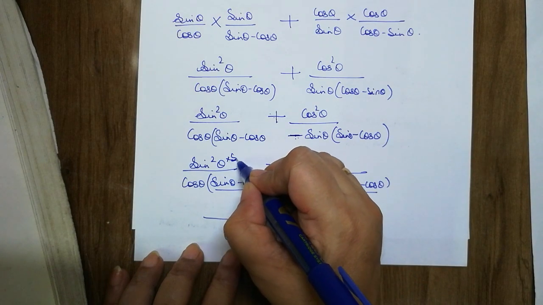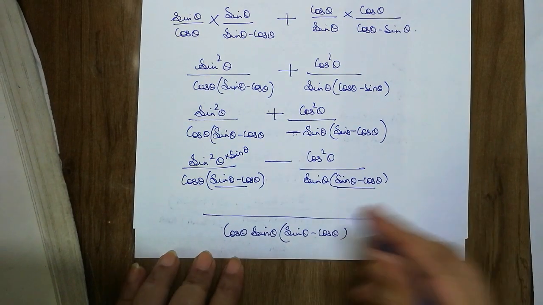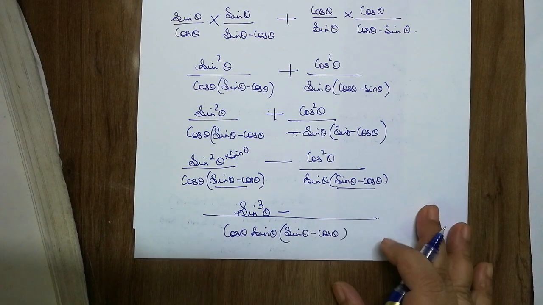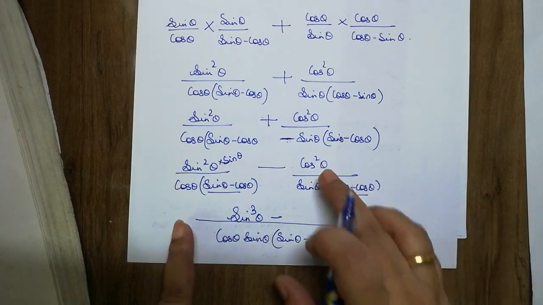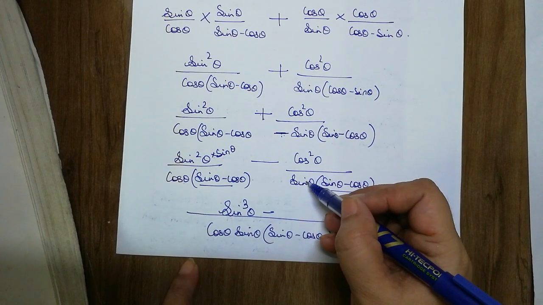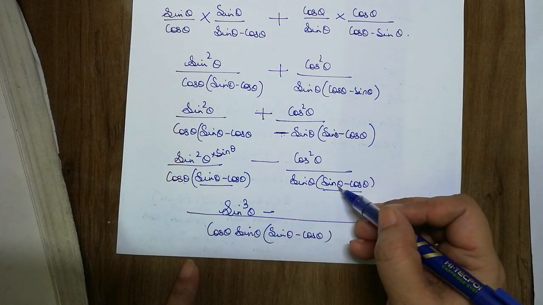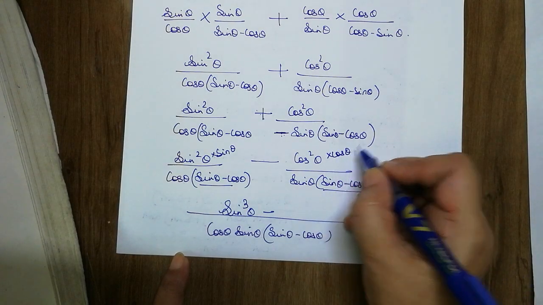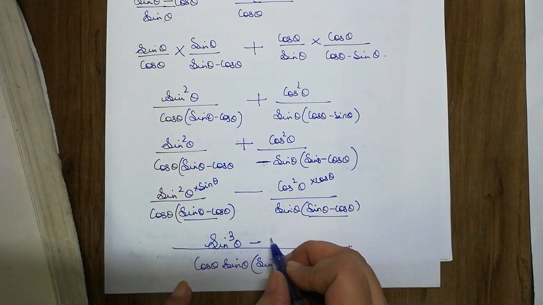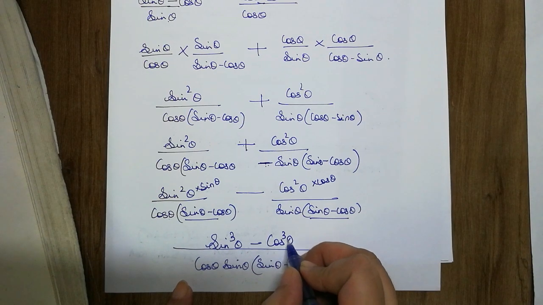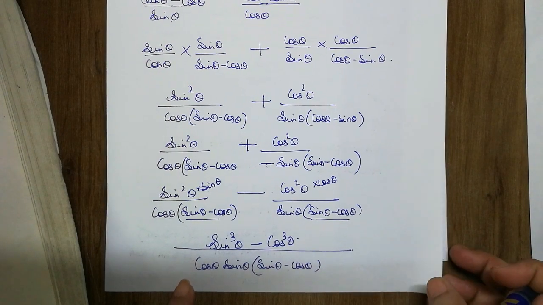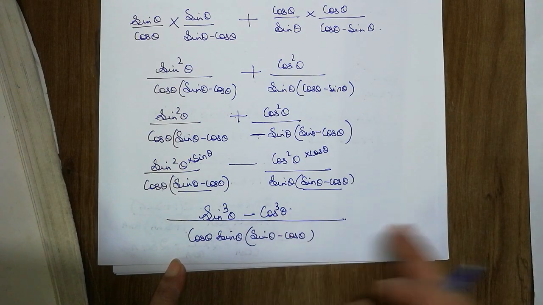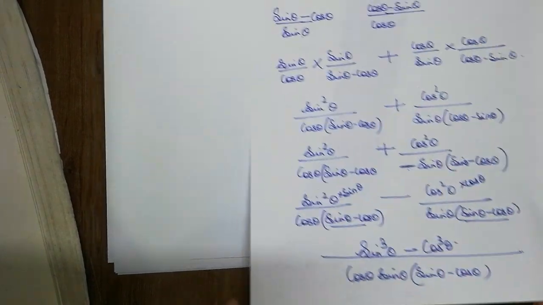So we'll multiply this with sin theta, so this becomes sin cube theta minus, then this side it will be sin, bracket, this cos is missing, so we'll multiply. These are actually the rules of LCM only, I am just showing it this way to make it easy for you all. Now we got a cube minus b cube.